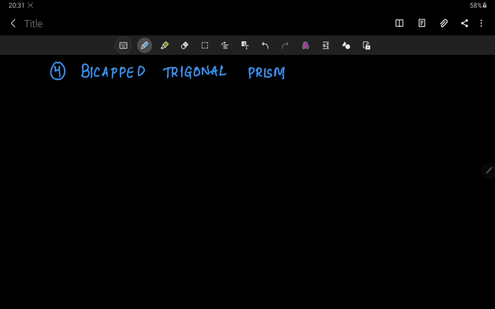Right. The next one is a bicapped trigonal prism. The trigonal prism is the parent polyhedra. First, let me begin with triangular face capped.